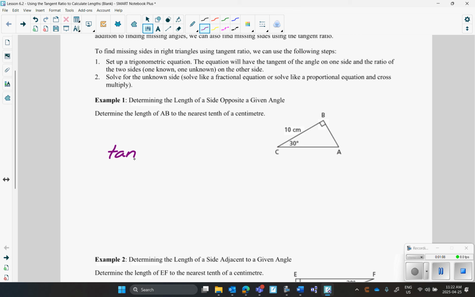This time, do we know what the angle is? It's 30 degrees, so we replace it with 30 degrees. Equals, and remember, tangent is equal to the opposite side over the adjacent side.